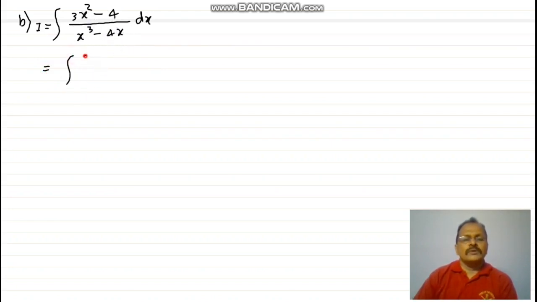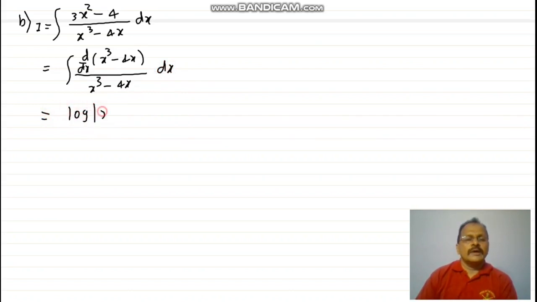This is equal to d by dx of denominator, that is x cube minus 4x divided by x cube minus 4x dx equal to log of mod x cube minus 4x plus c.